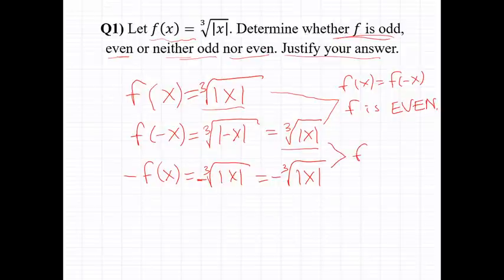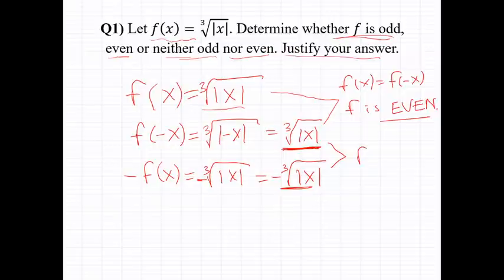So here, f of x is not equal to minus f of x. This is not true. It's automatically not odd, because if it is even, it cannot be odd, but you can also compare these two.